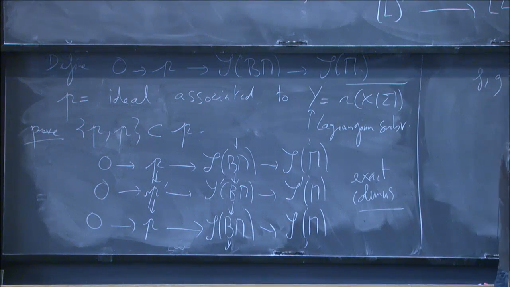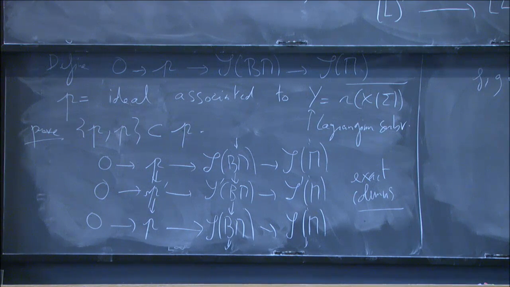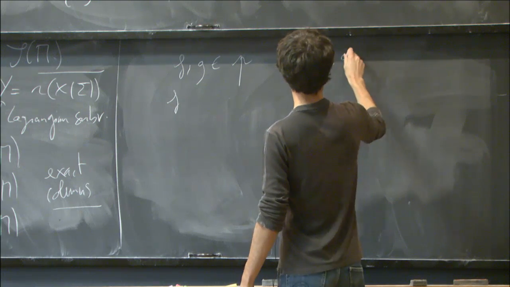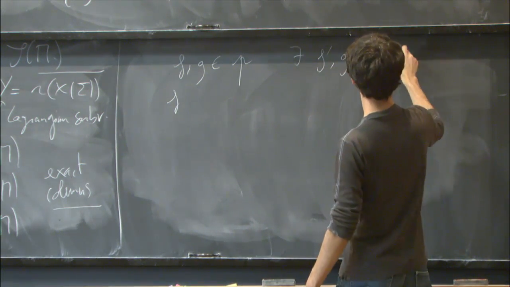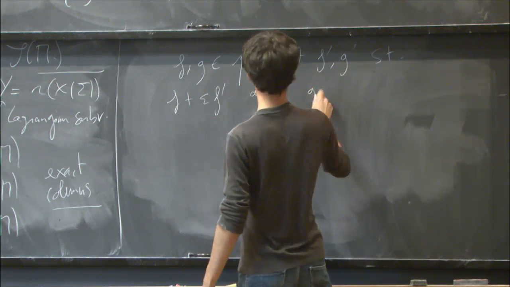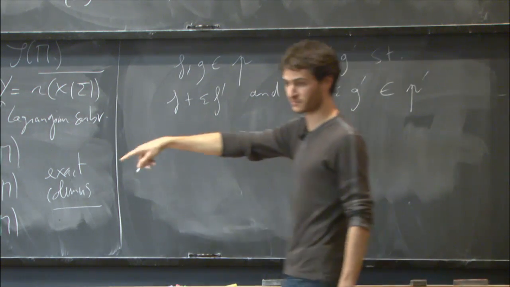And let me prove that just by assuming that you have exact columns, you have this here. So it's very simple. You take two elements in P here. Because this is exact here, it means that you can add something with epsilon so that they belong to P prime. So there exist F prime and G prime such that F plus epsilon F prime and G plus epsilon G prime belong to P prime, just because this is surjective.